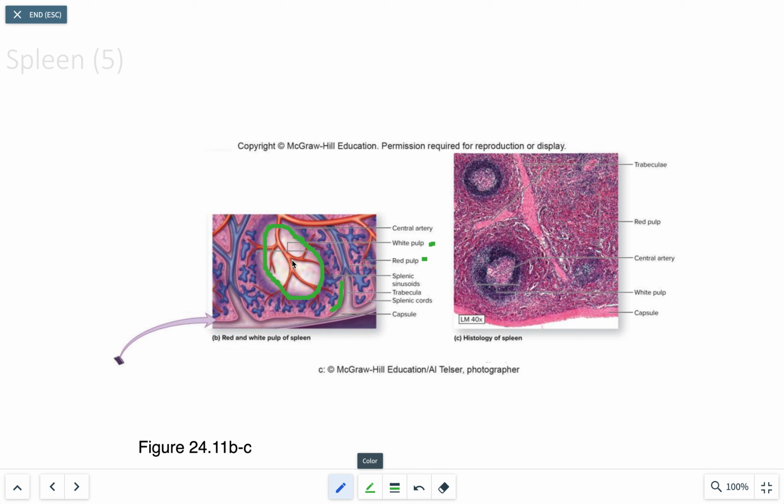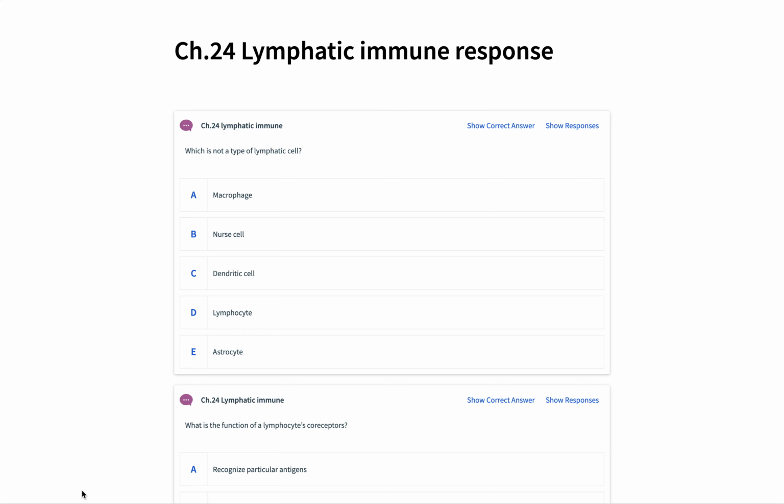The white pulp inside, their job, as the blood flow is entering into the spleen, is to initiate any immune response when any antigen is present in the blood. So these different regions have important functions with maintaining antigen-free blood. So that concludes the lymphatic immune response.